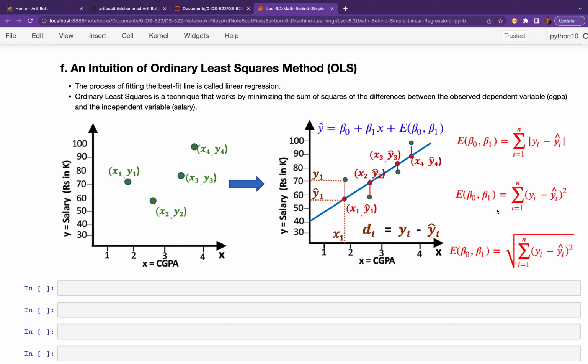So this function in the middle over here is the sum of squares of all the residual errors. And since we use this to minimize this error function or loss function, this technique is also called least square method. Although we will be using this middle formula, due to this square, the unit of this error becomes different, and of course it is affected by outliers as well. So we can use this formula as well for the loss function, that is taking the square root of this.